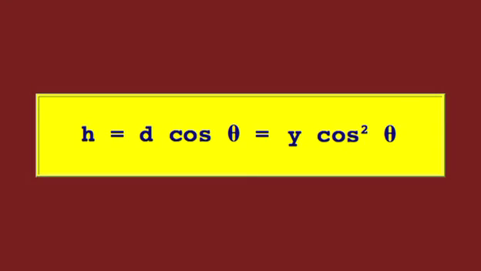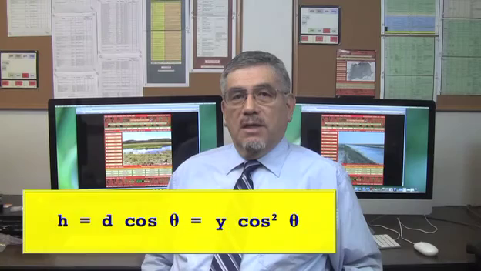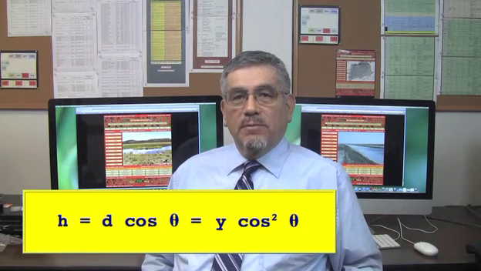The pressure head is as follows. If theta is small, the factor cosine squared theta will be very close to unity, and the pressure head h will be close to the flow depth y.